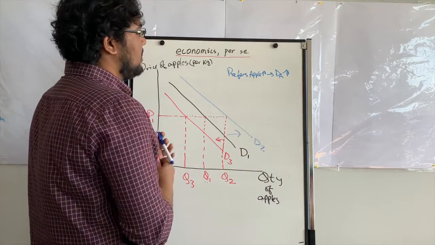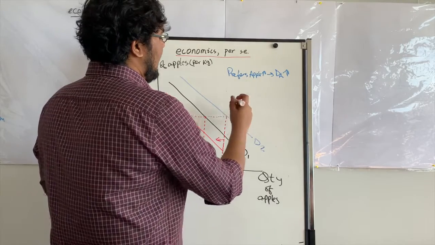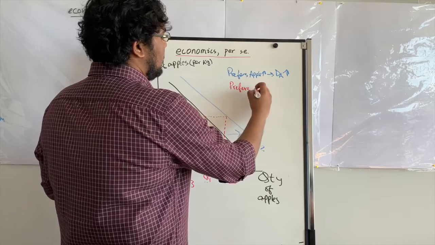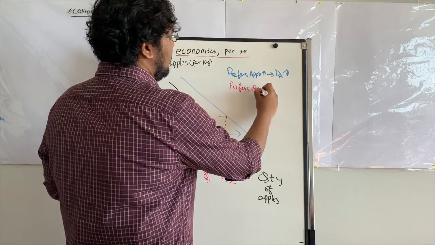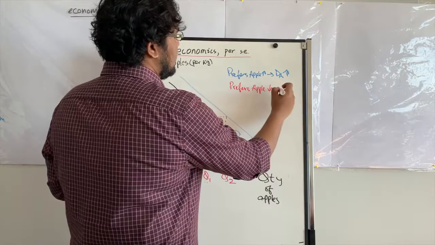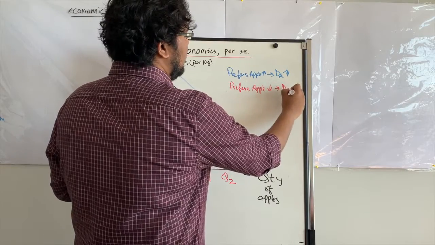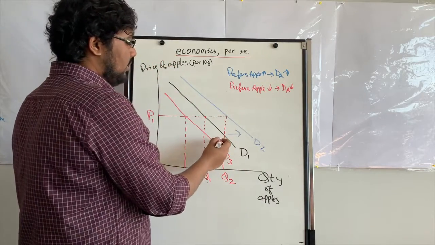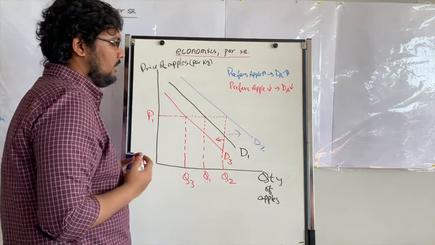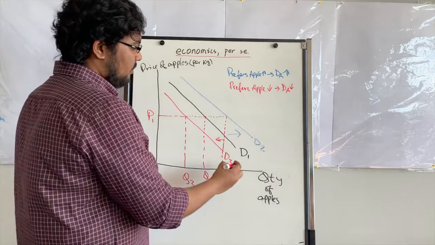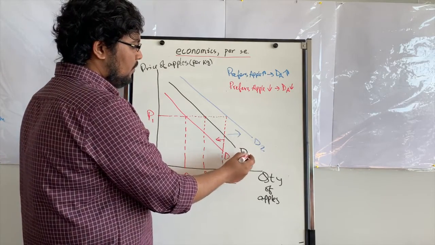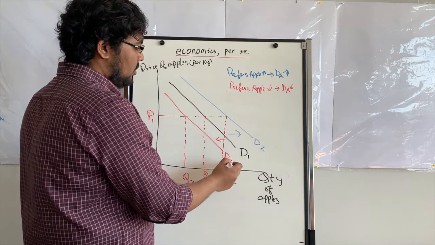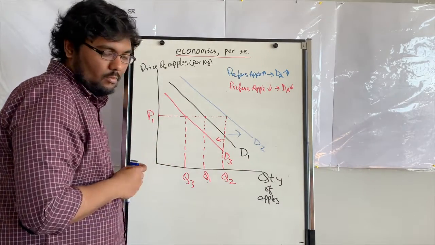And if the person prefers apple less, then demand for apple would decrease, and a leftward shift of the demand curve will take place, where the demand function will be changing from D1 to D3.